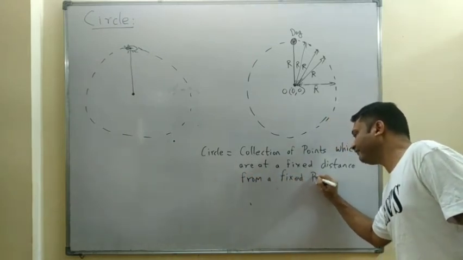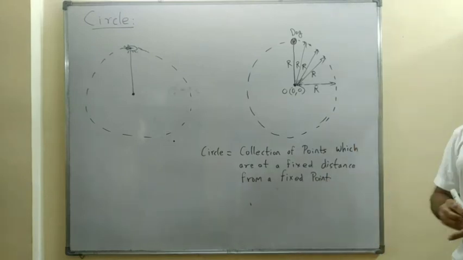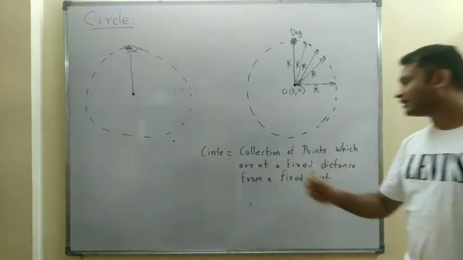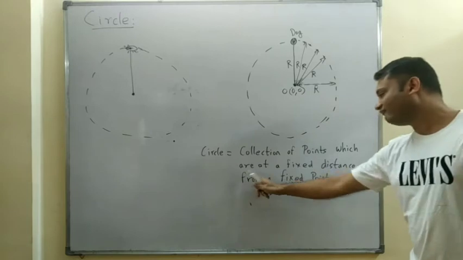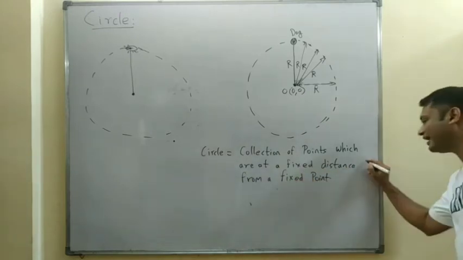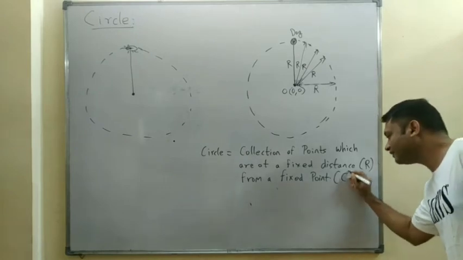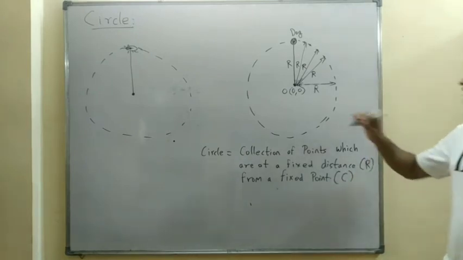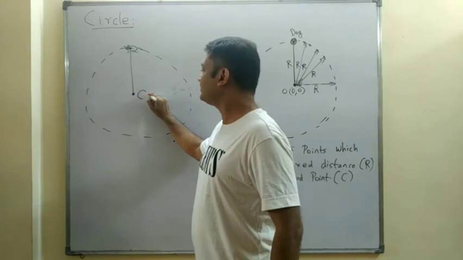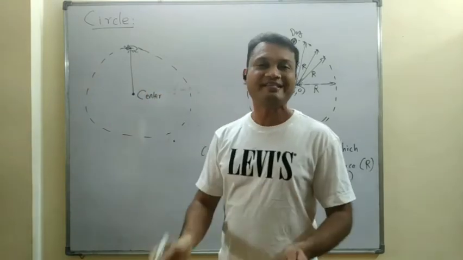So this is the definition of the circle. Circle is a curve that is a collection of points which are at a fixed distance, which we call the radius, from a fixed point, which is called the center of the circle. So this fixed point here is called the center of circle C.